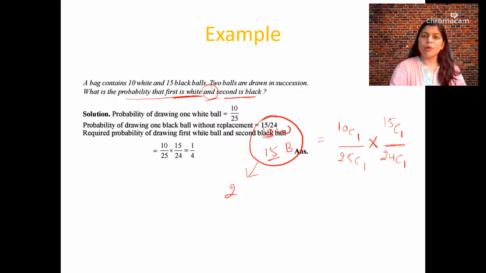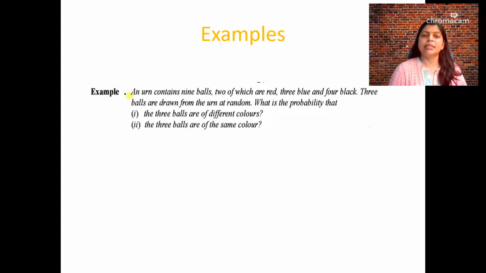Now let's move to another example. Here an urn contains 9 balls, 2 of which are red. So I will again draw an urn or bag, in which 2 are red, 3 are blue and 4 are black.